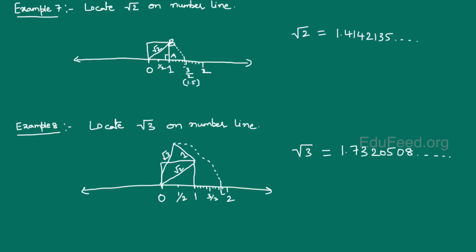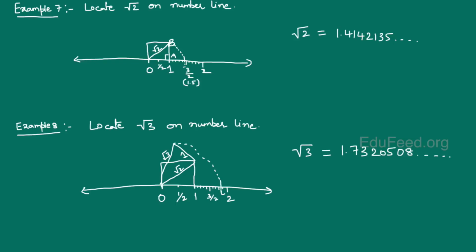So we cannot accurately map to a place where you have square root of 2 on the number line. Similarly, square root of 3 would be at an approximate point on the number line, so it would not really be possible to locate square root of 3 accurately.